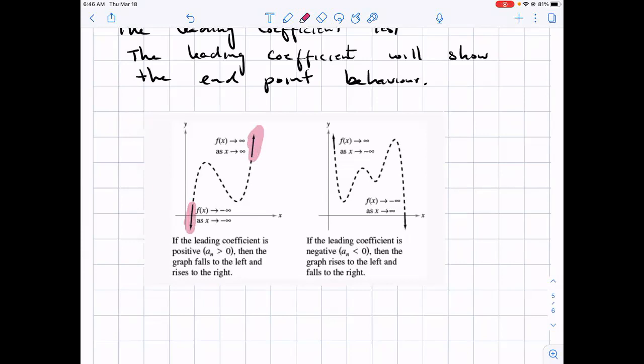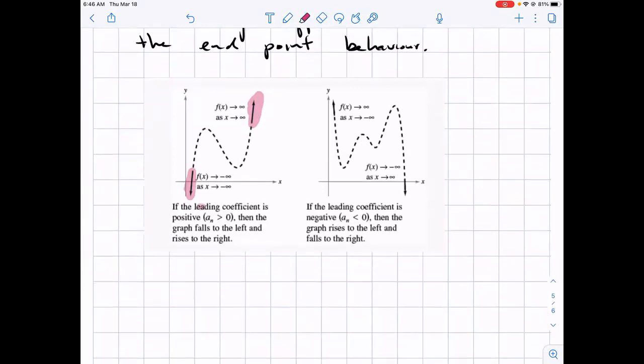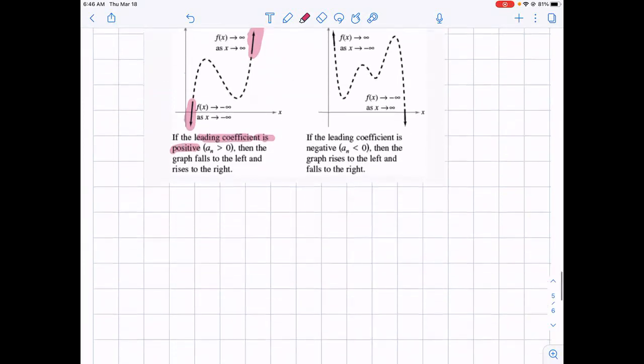And you will notice that if the leading coefficient is positive, the graph will always fall to the left and rise to the right. Anytime the leading coefficient is positive. In addition, here we're talking about an n degree where n is odd.